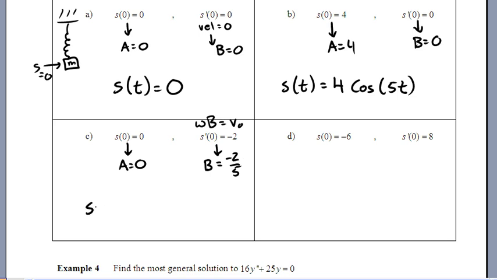So if that's how you launch your oscillator, if you have it at equilibrium but then pluck it and force it to go away with this negative velocity, then the answer would be -2/5, -0.4, times the sine of 5t.